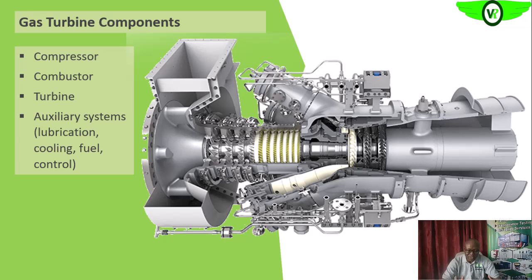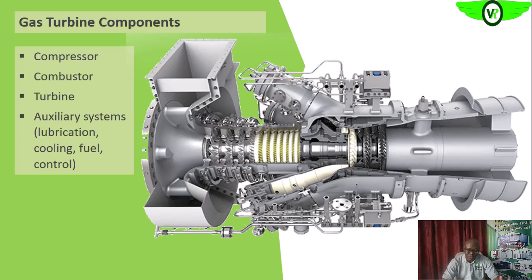So we need a lubrication system to help us reduce the friction at those contact points. Then, since it is a system that generates a lot of heat, we need to cool it down also. So we have the cooling system, and of course the fuel injection or the fuel system.